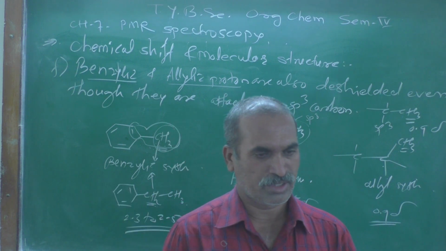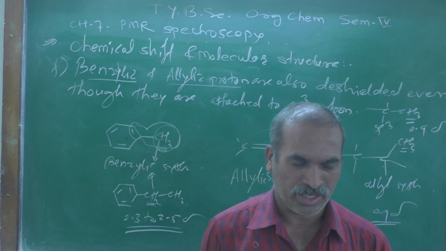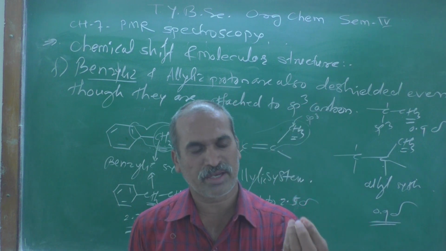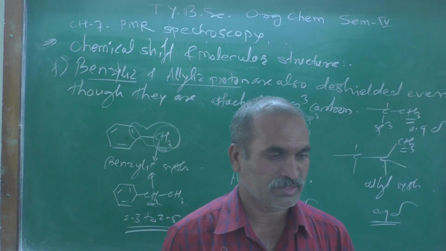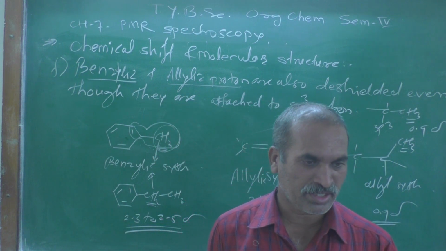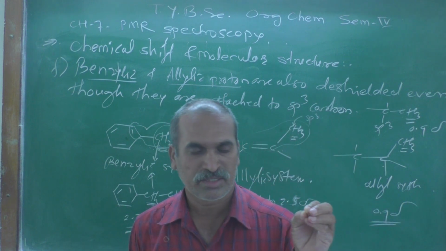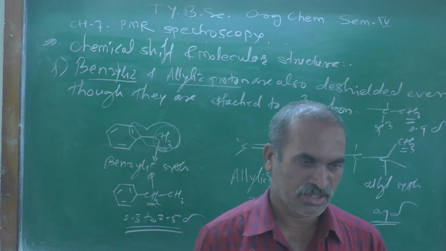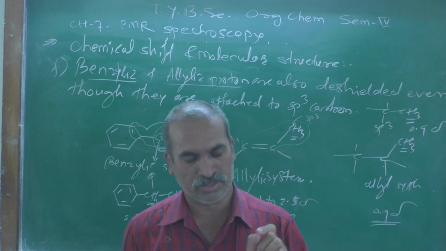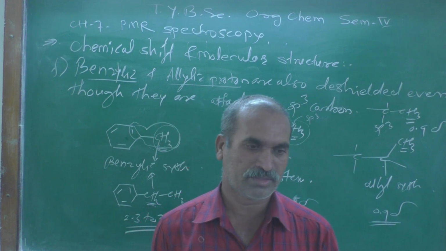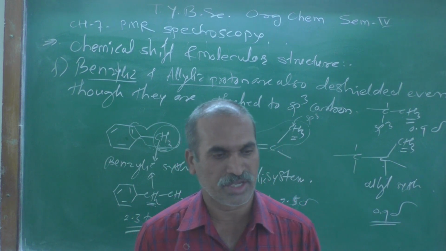See over here, for benzylic and allylic protons, when the external magnetic field is applied, the applied magnetic field and induced magnetic field are parallel to each other, similar to the vinylic and aromatic protons, and that's why these protons are de-shielded.